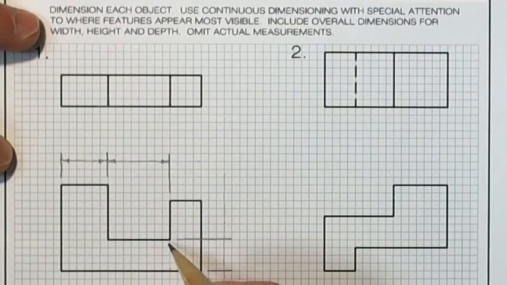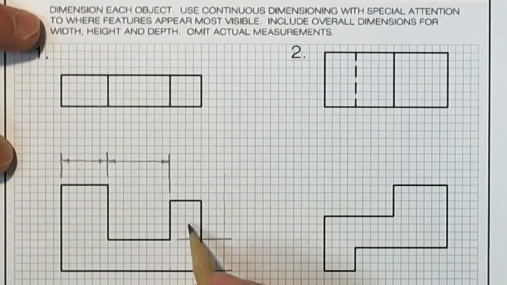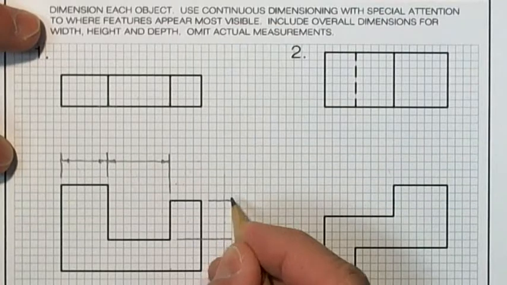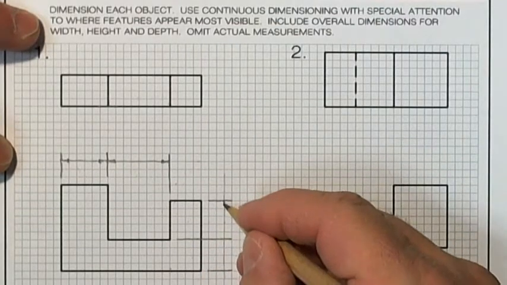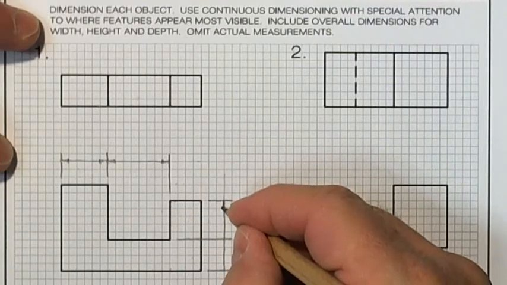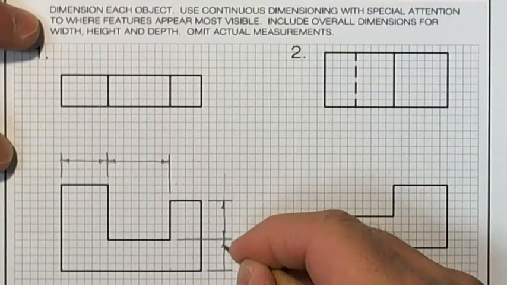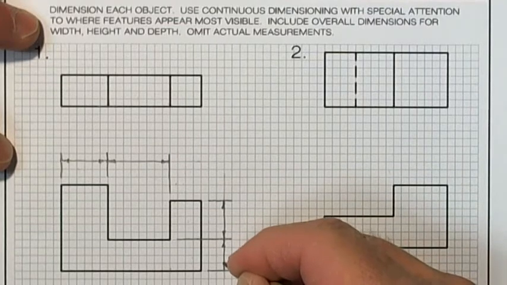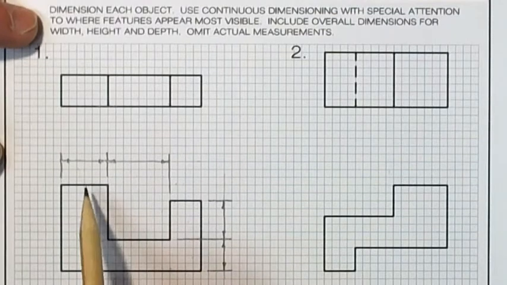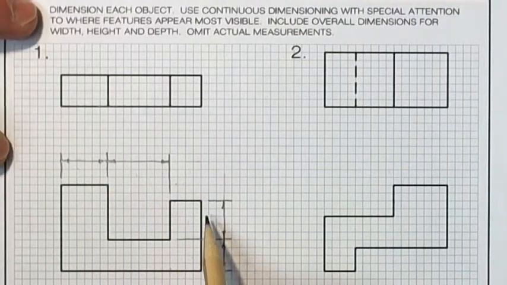And notice I have 1, 2, 3 heights. So I'm going to have 2 measurements. I'm going to omit 1. Here is my height for these 2 parts of the object.